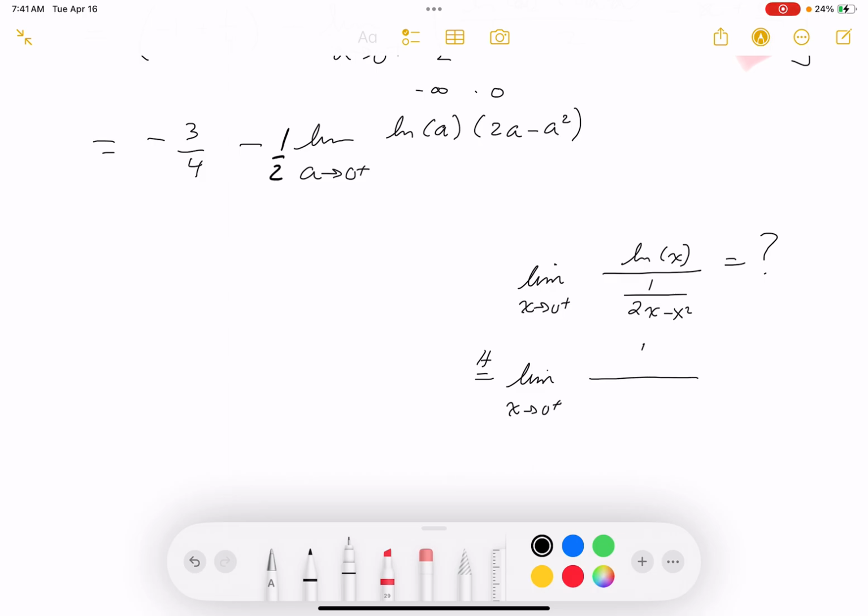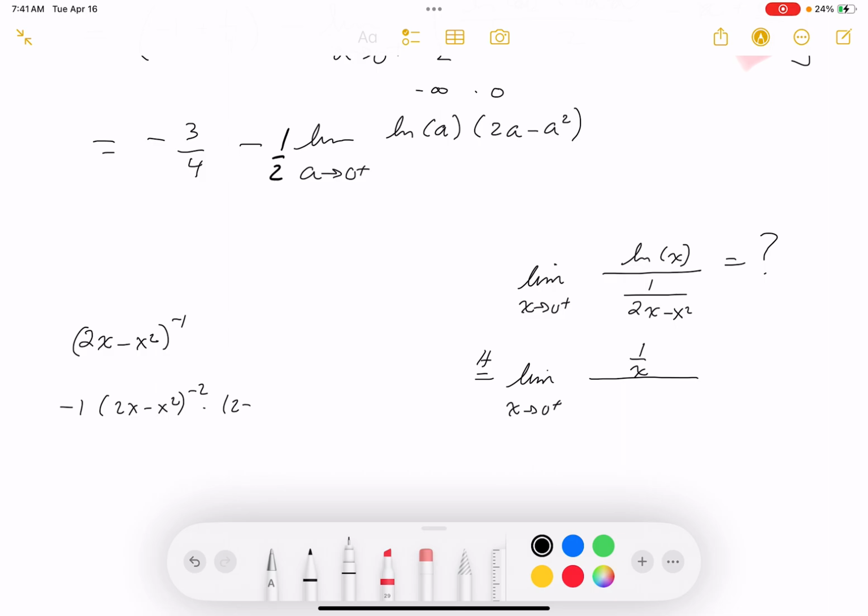The derivative on top is simply 1 over x. The bottom is a little more complicated, right? So I'm going to write this on the side: 2x minus x squared to the minus 1. Its derivative would be minus 1 times 2x minus x squared to the minus 2. That's not so bad, right? And the derivative of the inside is going to be 2 minus 2x. It's early in the morning for me.